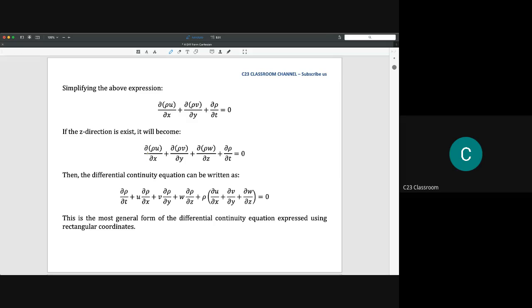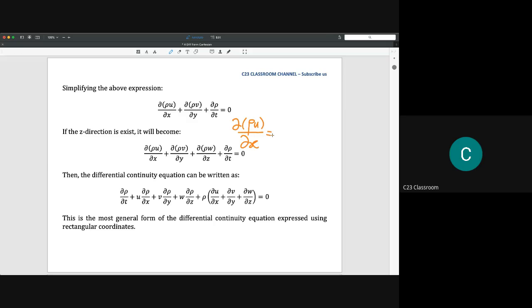Okay, so del rho u over dx will become rho del u over del x plus u del rho over dx. So I hope you could remember the idea of partial differential. So for example, we have del rho u over del x.